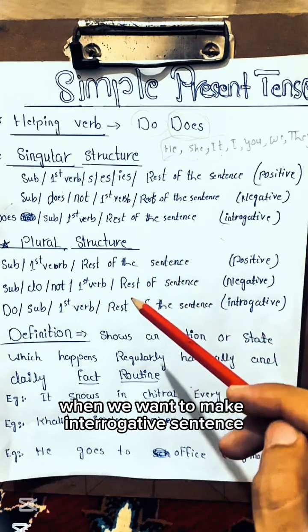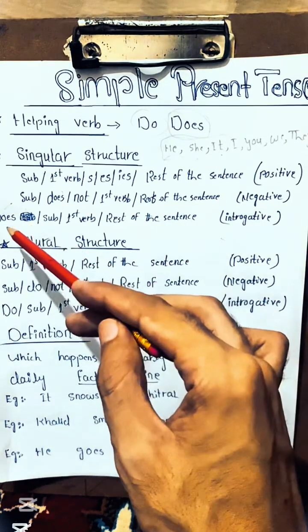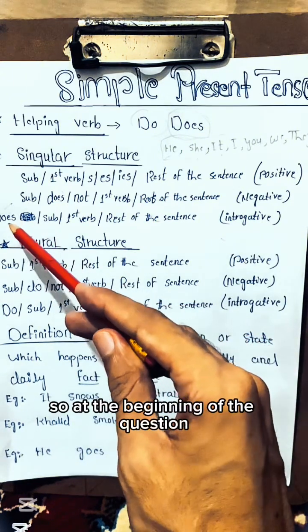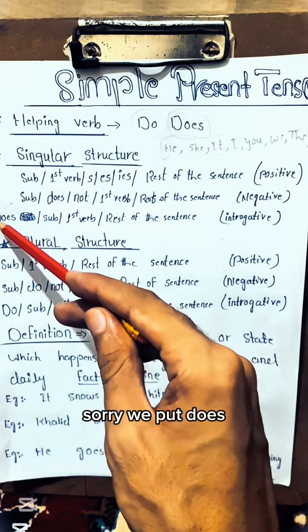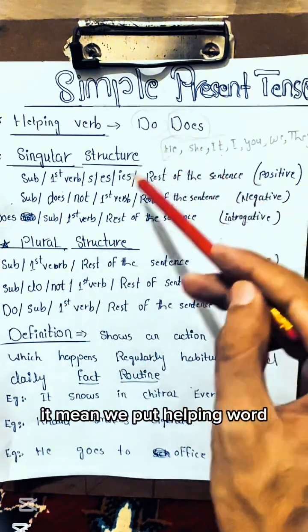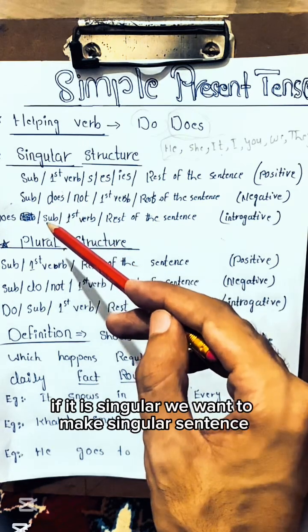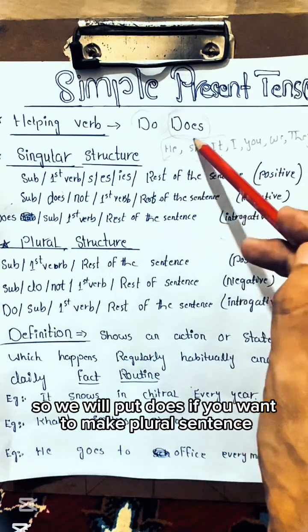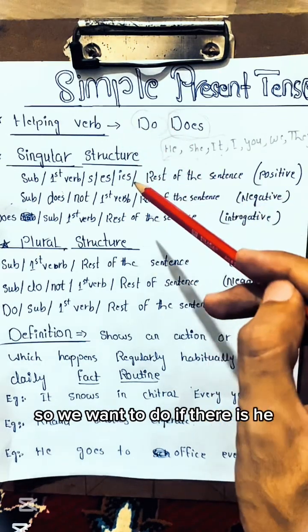When we want to make an interrogative sentence, how will we make it? At the beginning of the question, at the beginning of the sentence, we put does. It means we put the helping verb. If we want to make a singular sentence, we will put does. If we want to make a plural sentence, we will put do.